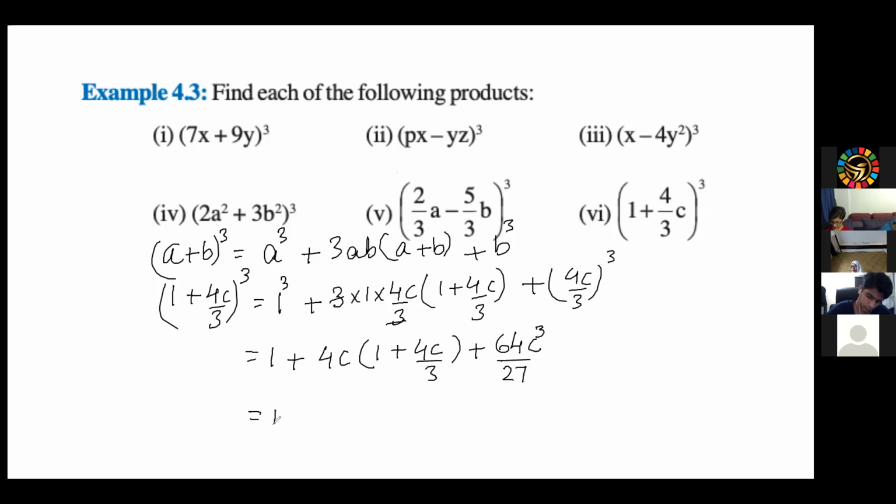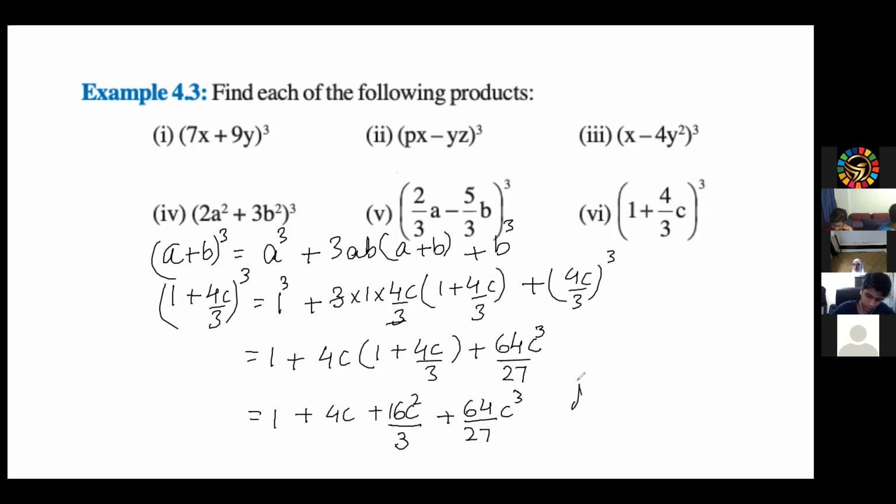Now open the bracket. 1 plus 4c into 1, 4c, plus what is the next term? 16c square upon 3. The last term is 64 by 27 c cube. So that is our answer.